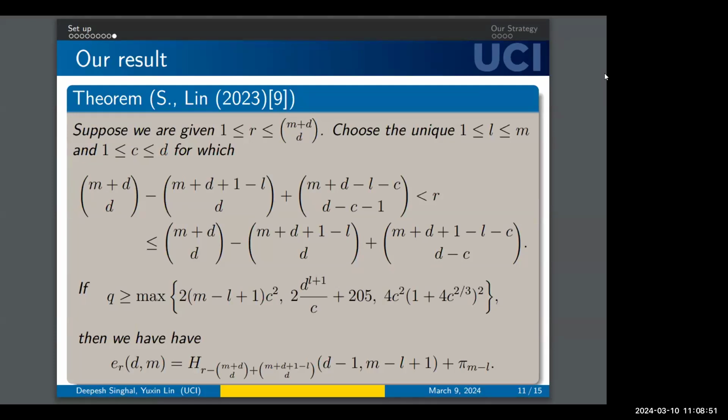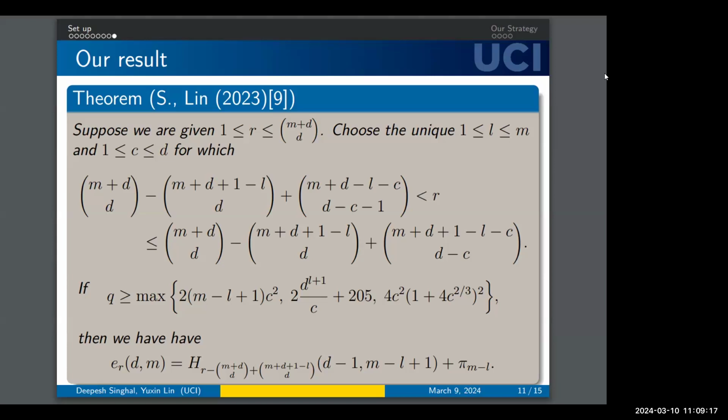So that brings us to our result, myself with Dave. We allow r to be any number in the entire range from 1 to m plus d choose d, and we require q to be large. I'll get to what this quantity represents.